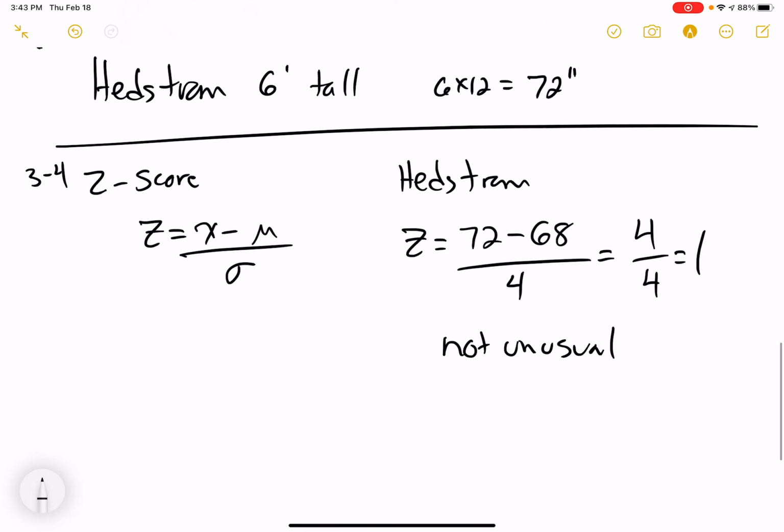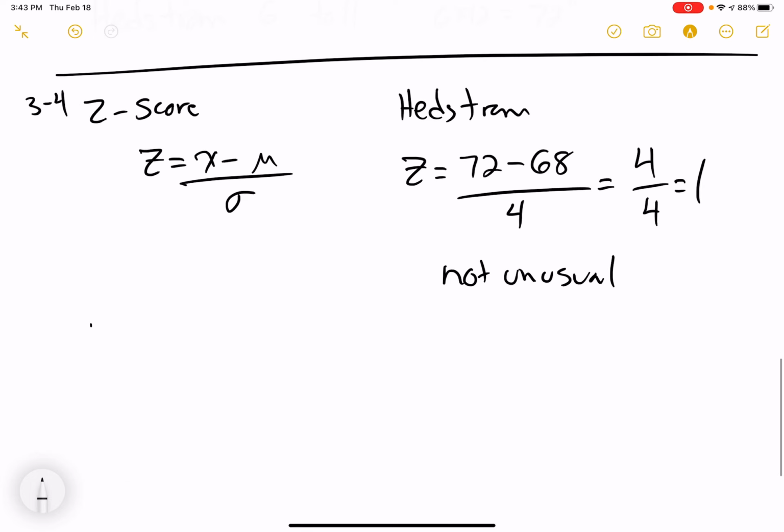Okay? But let's look at Shaquille O'Neal. Some of you know Shaquille O'Neal is a basketball player. He and I have something very much in common that few other people have.